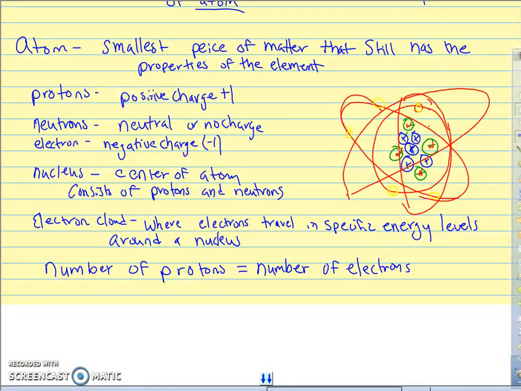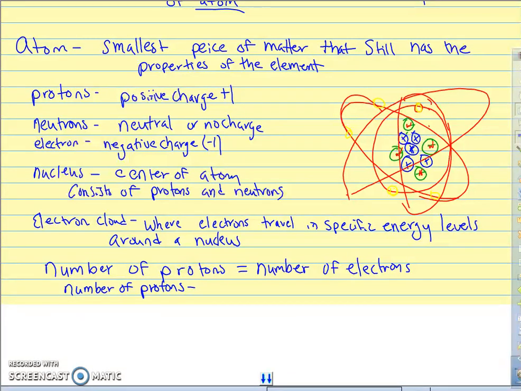Now, so the number of protons, what else is a fun fact about the number of protons? Isn't it like a minus the atomic number equals the atomic number of neutrons?